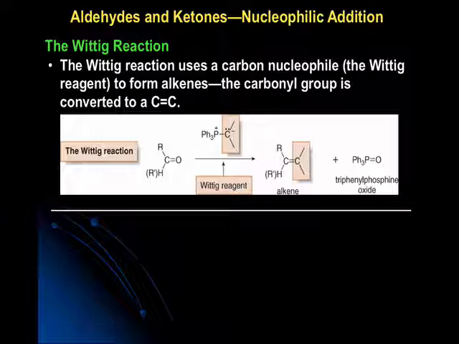Have I drawn it as an equilibrium reaction? I have not. Can you tell me why it is not an equilibrium reaction? Technically, I can go back on paper, but why is it going all the way to the right? I'm using just 1 mole of ketone or aldehyde, and just 1 mole of the Wittig reagent, so it's not a Le Chatelier's principle issue.